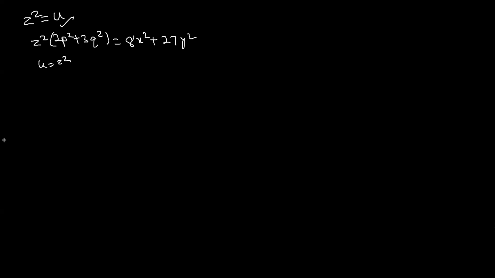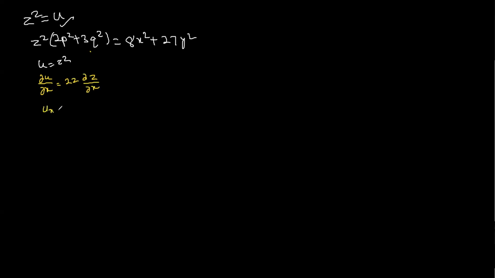See, first we find del u by del x. U is equal to z square. Then del u by del x is 2z del z by del x.